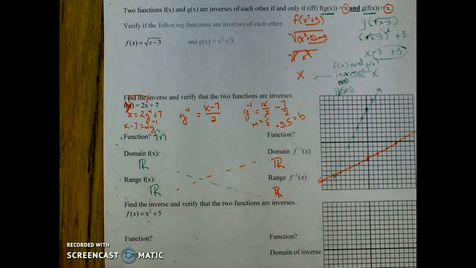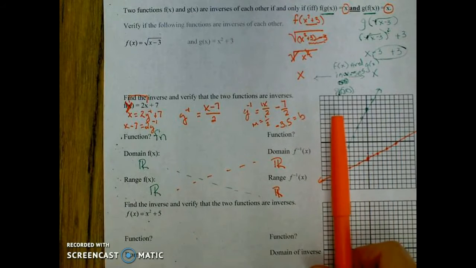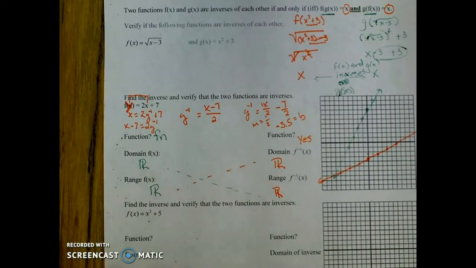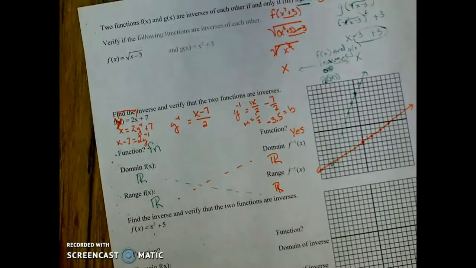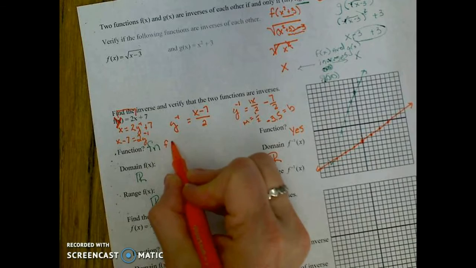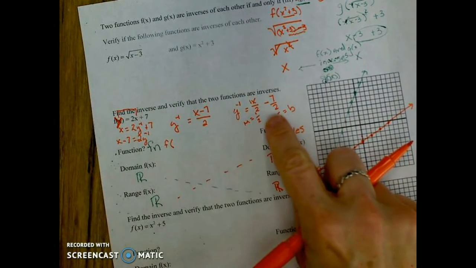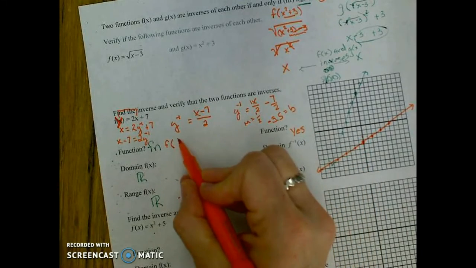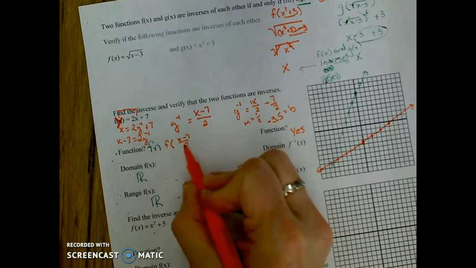Okay. Again, it is a line, so we know its domain is all real, as is its range. The orange, is that a function? Sure, it passes the vertical line test, so of course it is. To verify, I'm going to do f of g of x, which is, I'm leaving it in this form here, x minus 7 over 2.